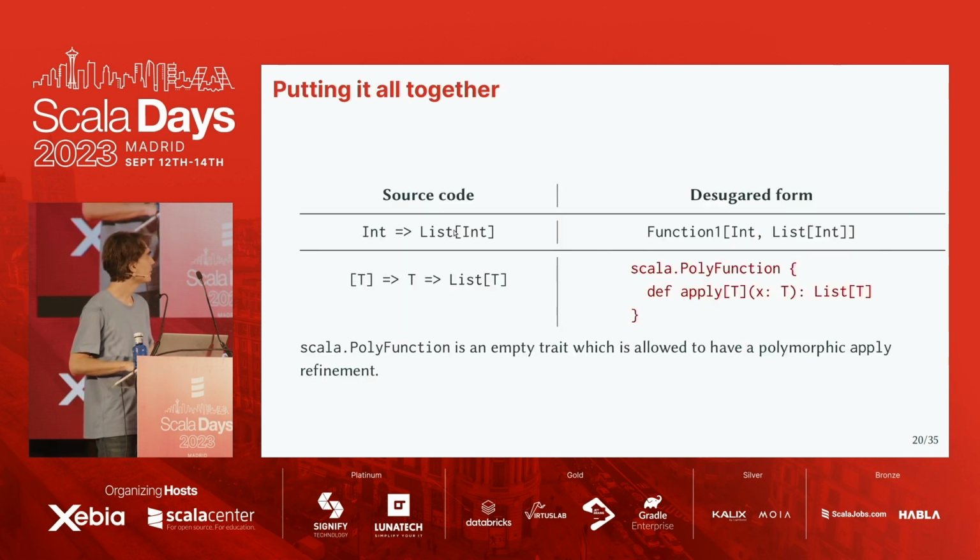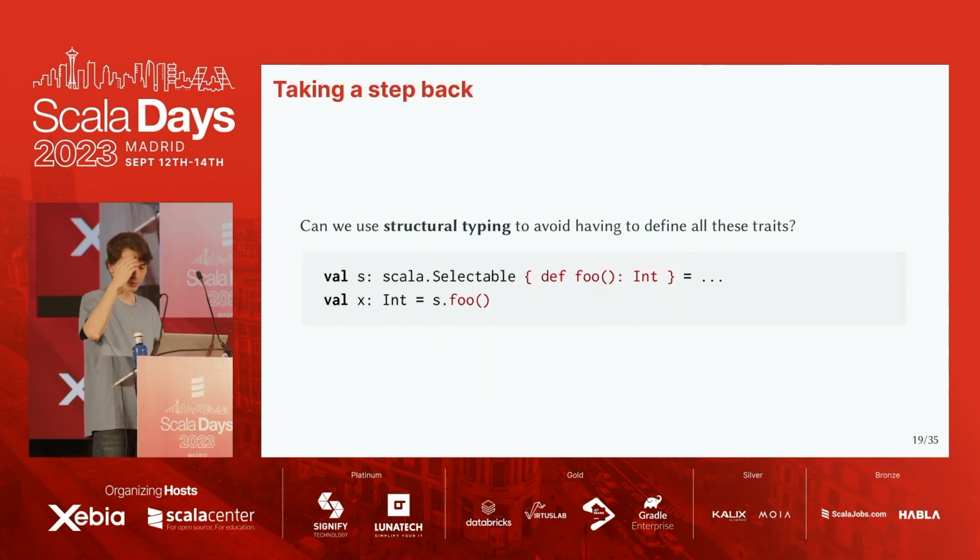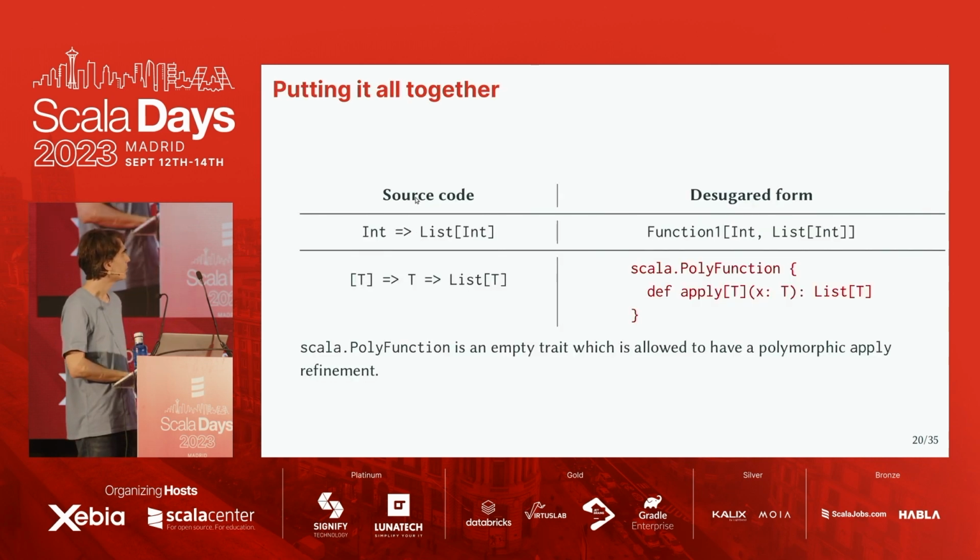And the idea is that for our polymorphic functions, we only really care about the fact that there's an apply method of a correct type, but we don't really care about which traits or classes it implements, because we only want to call this apply in the end, no matter where it's defined. So the translation we end up with is that a polymorphic function becomes a refinement of an empty trait PolyFunction, which is magic in the compiler.